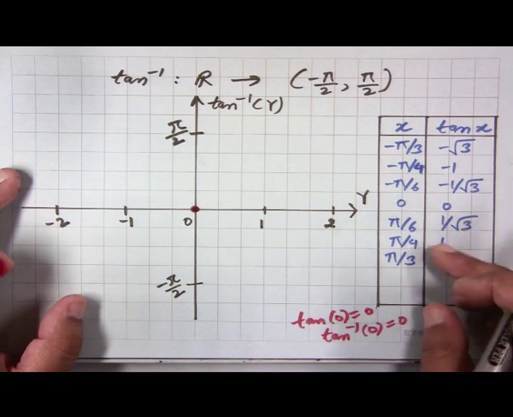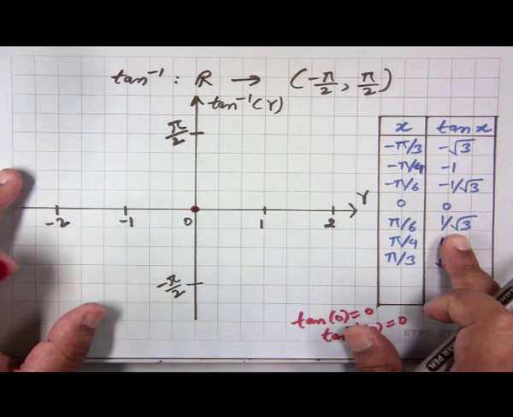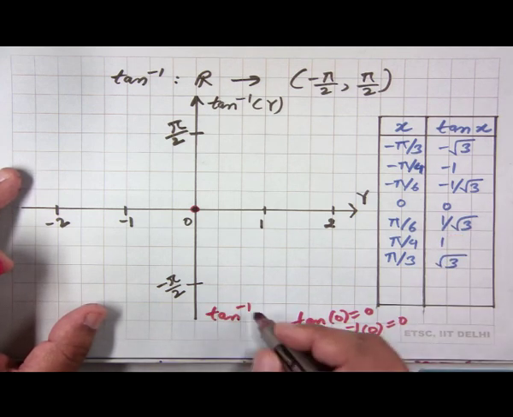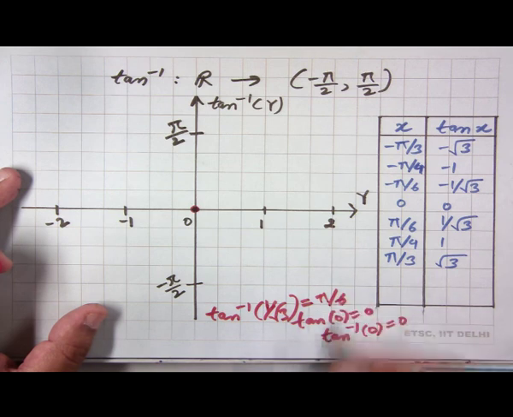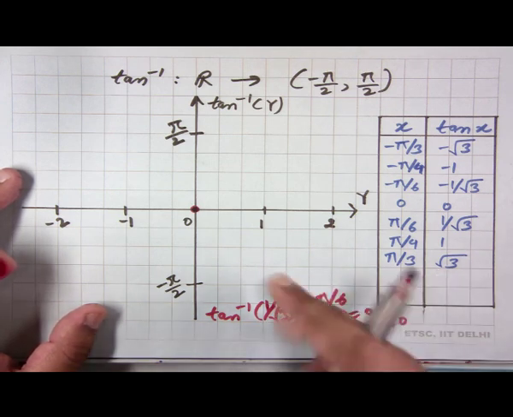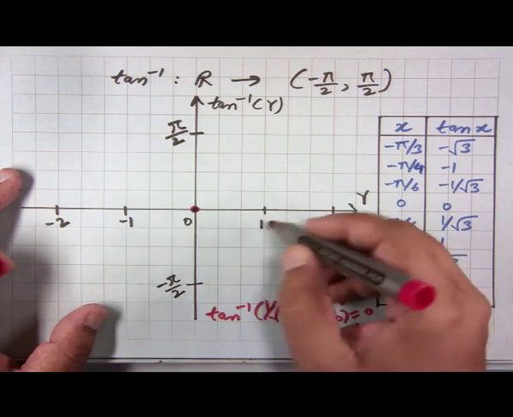Then we see that tan of pi by 6 is 1 over root 3, and therefore tan inverse of 1 over root 3 will be equal to pi by 6. So 1 over root 3 should be somewhere over here.